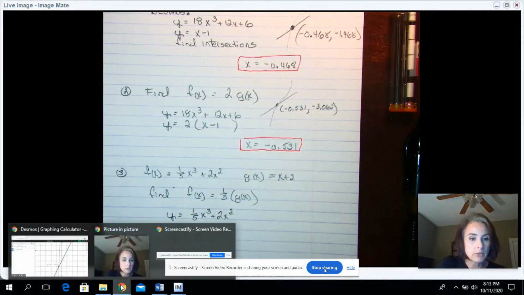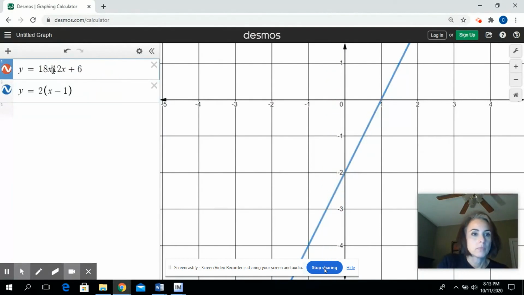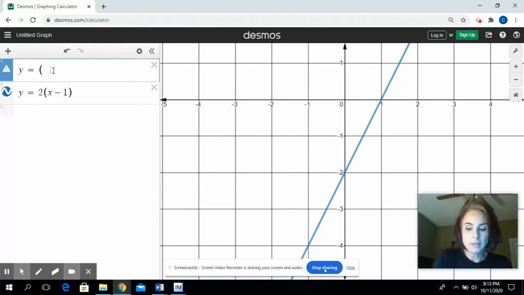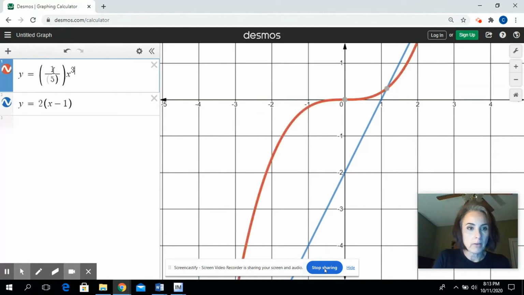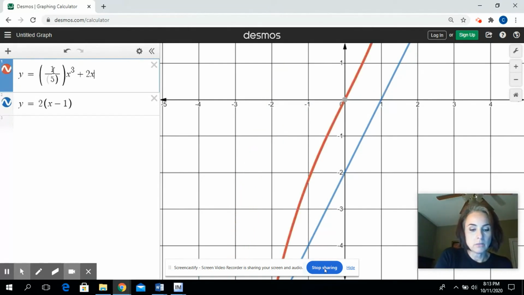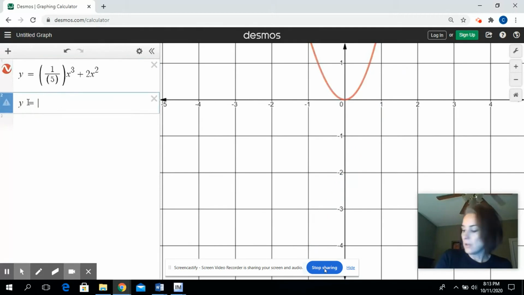So we go back to Desmos. Get rid of that, and okay, so I'm going to put 1/5 in parentheses like that so it doesn't get confused. 1/5 x raised to the third power, and you have to arrow over, plus 2x raised to the second power, and then down here you have y equals, and then I'm going to put 1/3 in parentheses.